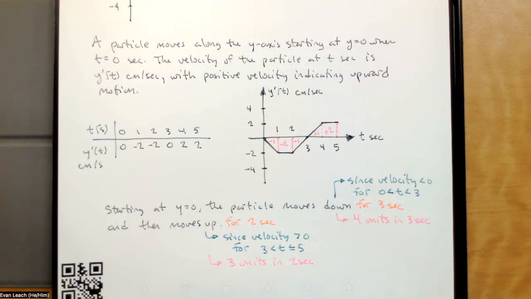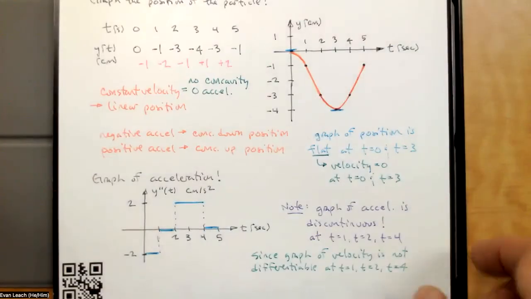So what we want to notice is not just the big picture. Particle moves down, particle moves up. We can determine how far the particle is moving in each of these cases and what the acceleration of the particle is. And each time we get more information, the graph of our position becomes more detailed. The original description was just that the particle moves down, the particle moves up.